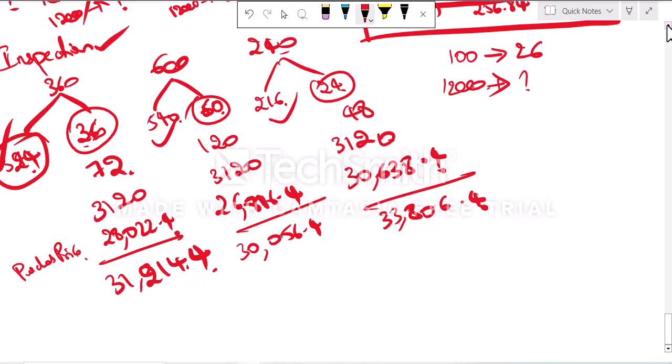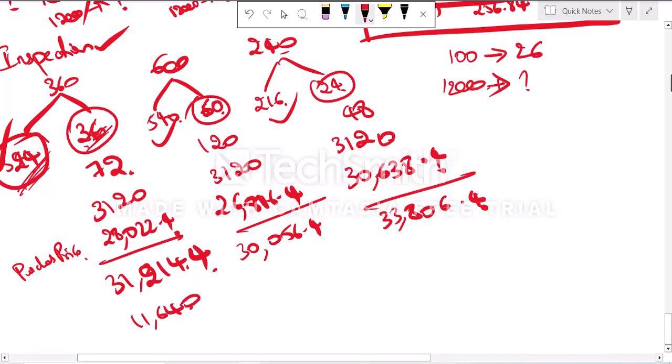Only for good products. Means what we have to minus here? Both, because both are defective only. Some they have identified, some they did not identify, but anyway both are defective and a waste of money, so we cannot charge it. We have to charge only to 12,000 minus 360, 11,640.